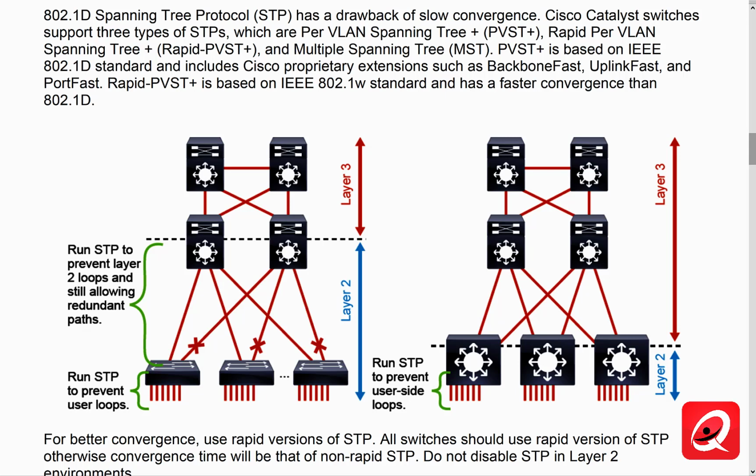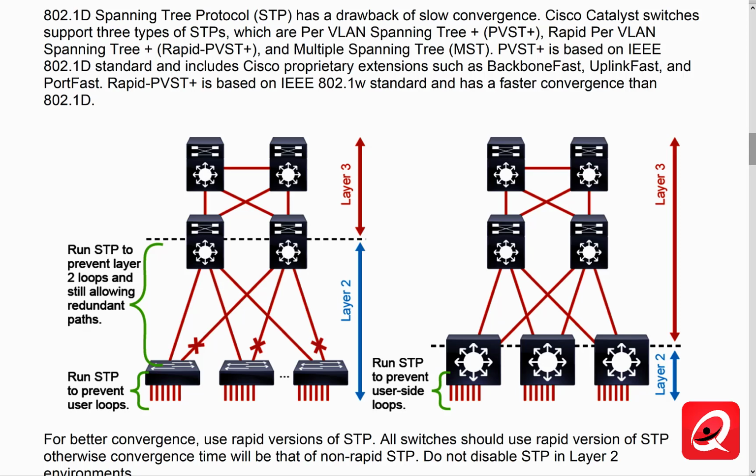All right. All versions of spanning tree use basically the same BPDU format. Rapid spanning tree, per VLAN spanning tree has a slightly different structure to the BPDU, but it does include all of the elements that an 802.1d BPDU would include. So they are backwards compatible with each other. You can run a mixed environment.